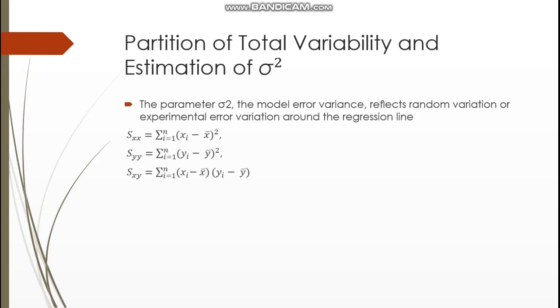To draw inferences on beta 0 and beta 1, it becomes necessary to arrive at an estimate of the parameter sigma squared appearing in the two preceding variance formulas for beta 0 and beta 1. The parameter sigma squared, the model error variance, reflects random variation or experimental error variation around the regression line.